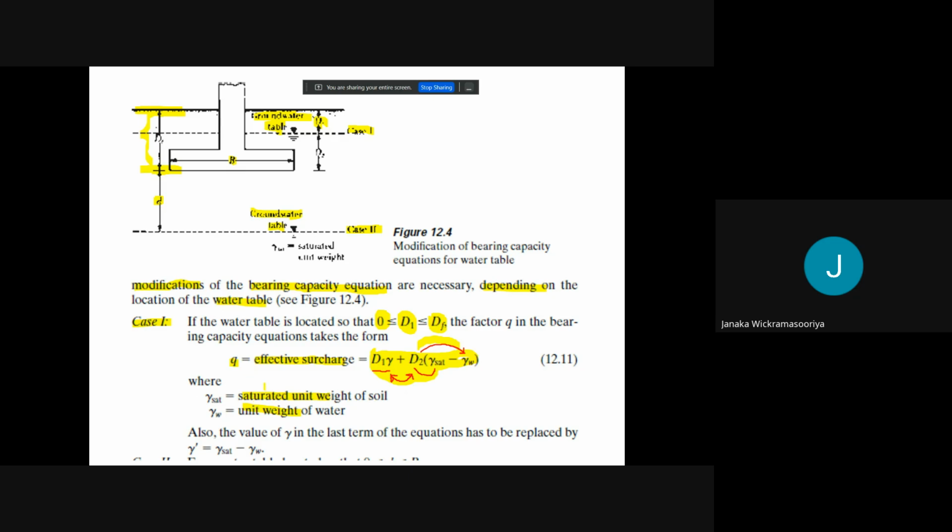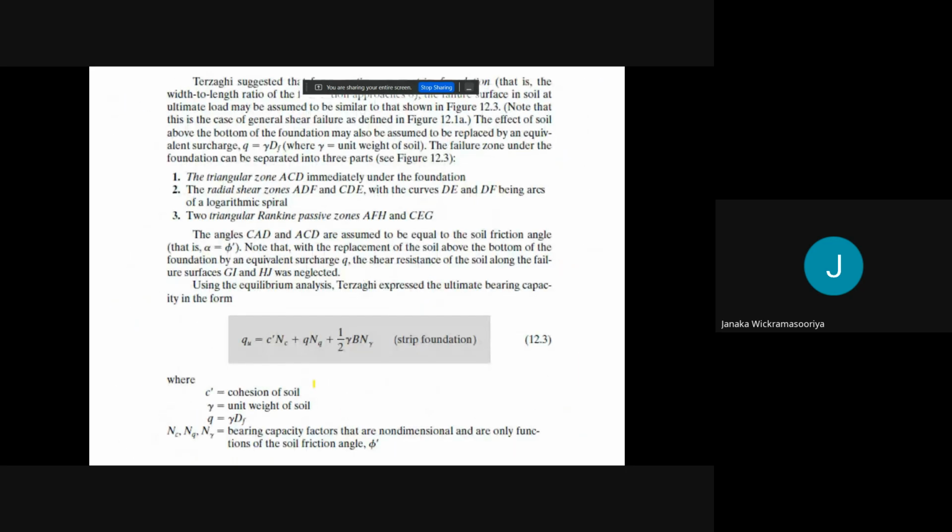Two unit weights are given, the saturated weight and the other one. Also, the gamma in the last term of the equation has to be replaced by gamma dash. The last term of the equation, that is this one.